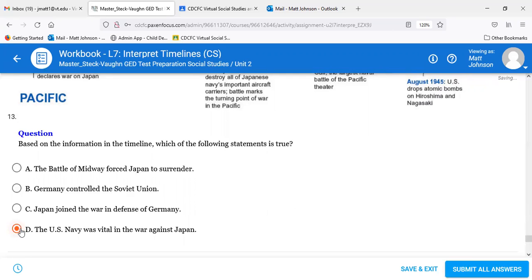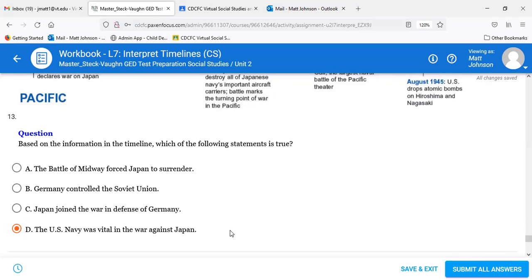Of course, it was the bombs, right? Again, I could talk for hours about that, but we see that the dropping of the atomic weapons is what led to the surrender of Japan. But D as in dog here, the U.S. Navy was vital in the war against Japan because in the Pacific, it was all island hopping, and it was the theater for the Marines a lot.